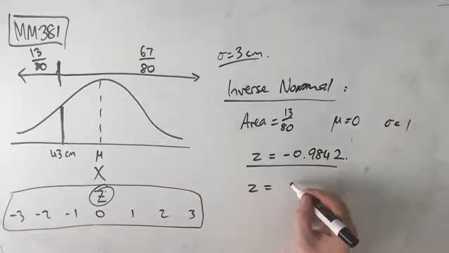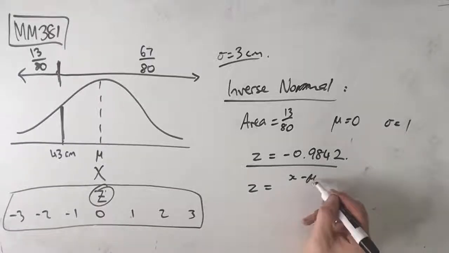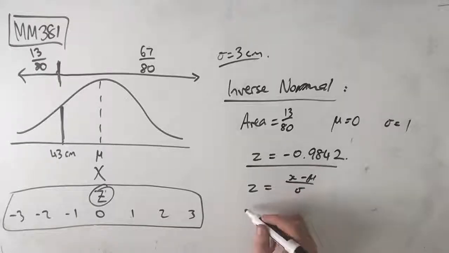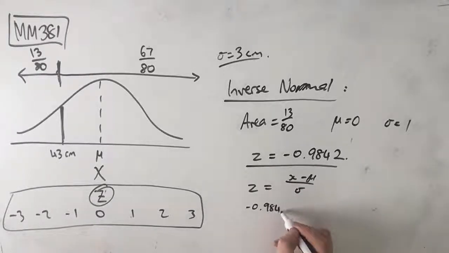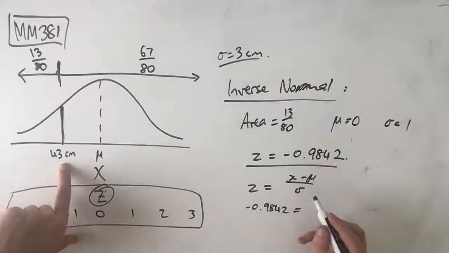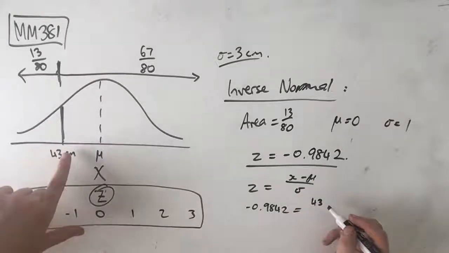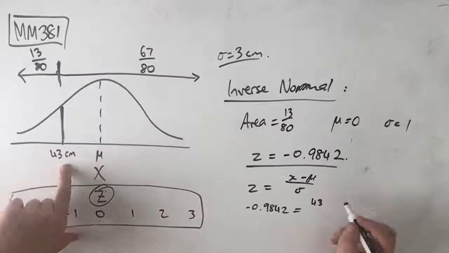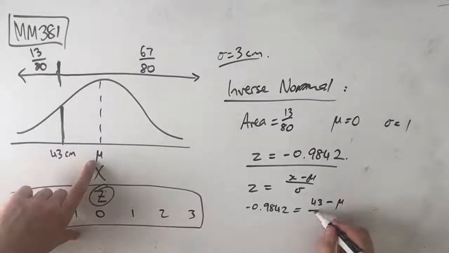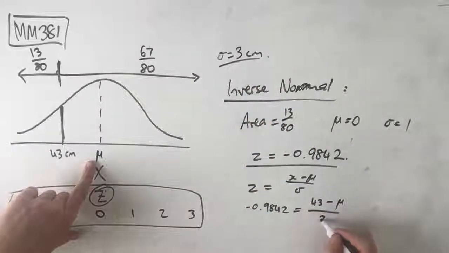Now we also know that z is equal to x minus mu over standard deviation, and this allows us to find our x value, our mean. So we know that our z value is negative 0.9842, and that's equal to x, which in this case is 43, because this is our point of interest, that's the point we're looking at, minus our average, which we don't know, that's mu, over our standard deviation, which is 3.